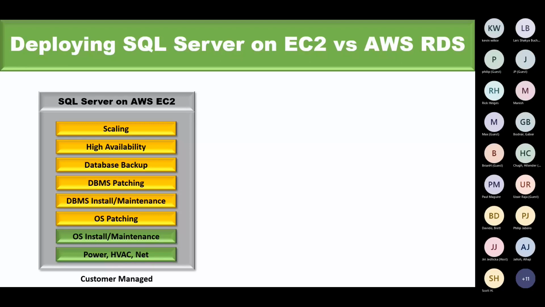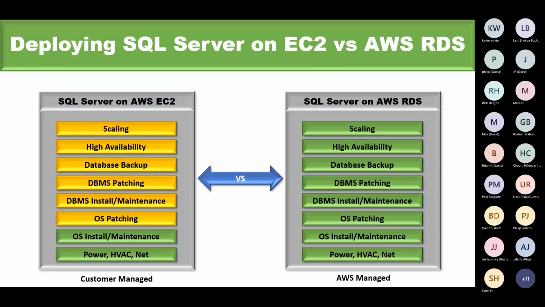You have, for example, to patch it, maintain your backup, availability, and scaling. Whereas when it comes to RDS, you don't have to do anything because it is AWS managed. It gives you the ability to focus on business tasks, especially if you do not have people that good when it comes to administration. So that might be a good one for you.